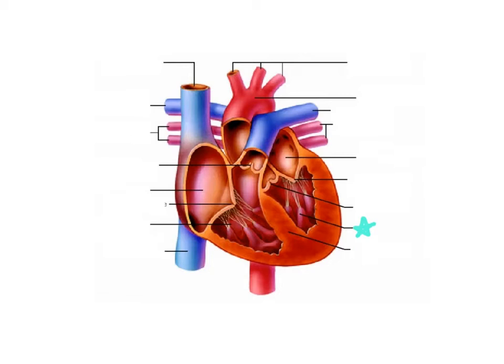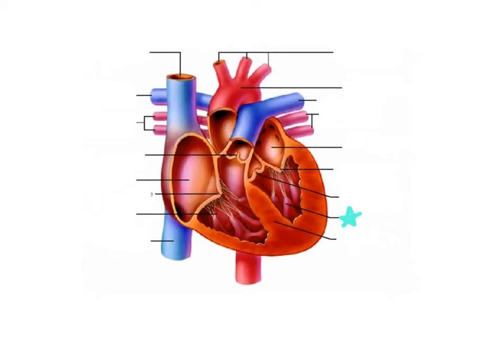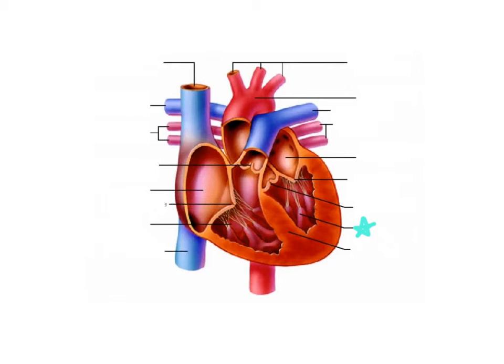If we're starting in the left ventricle and we are tracing the blood flow through the heart, once it's in the left ventricle, it's going to be pumped through this valve right here, which is the aortic valve. Then it goes to the aorta, and then it leaves the aorta, the ascending and descending aortas, and it goes to the body.